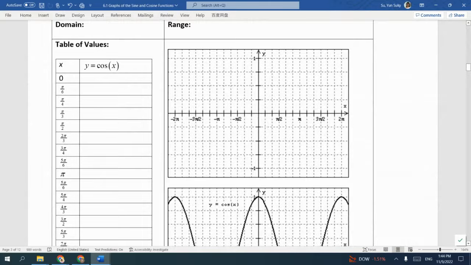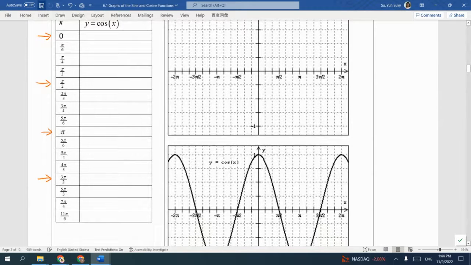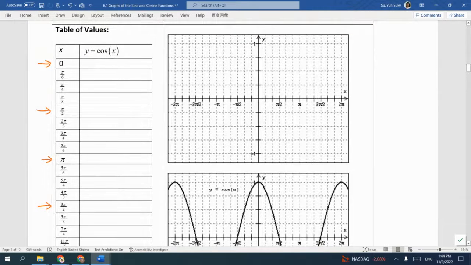How about cosine? Cosine, you do similar things. Let's make things easier. Let's just focus on the easier points: 0, pi over 2, pi, and 3 pi over 2. Okay, so let's look at those.